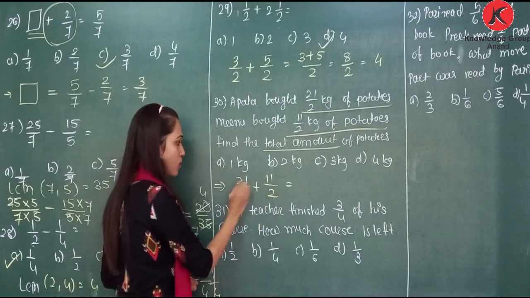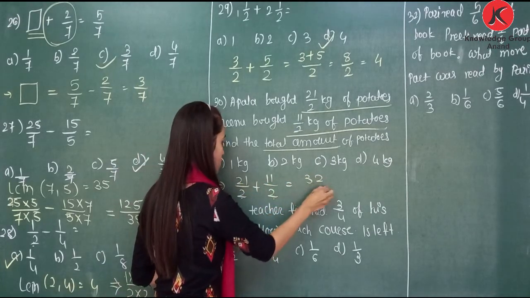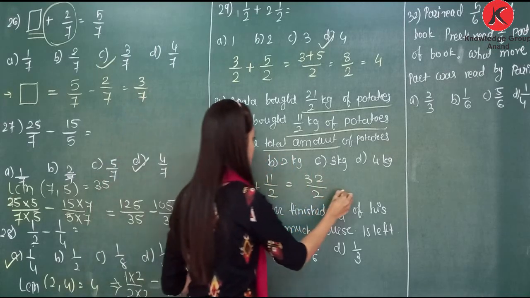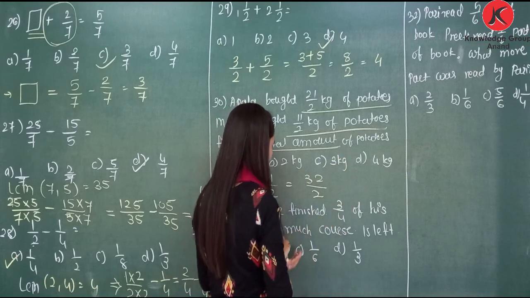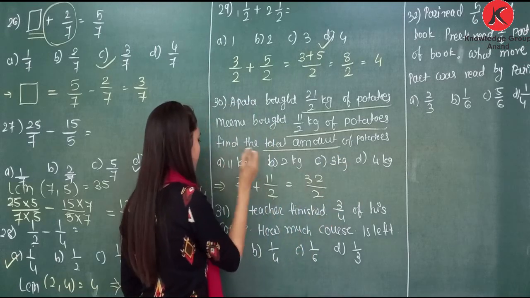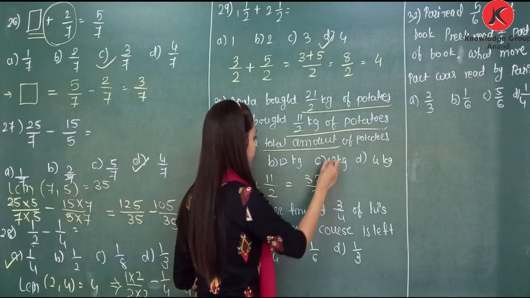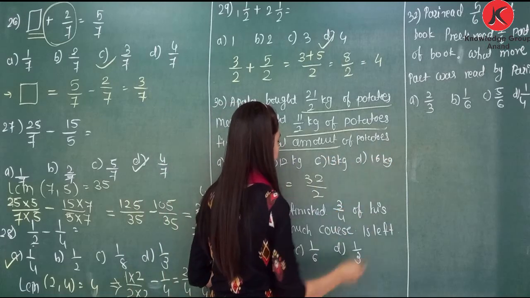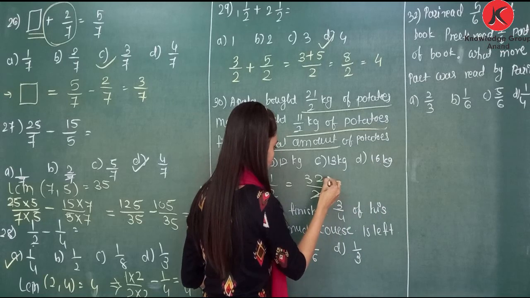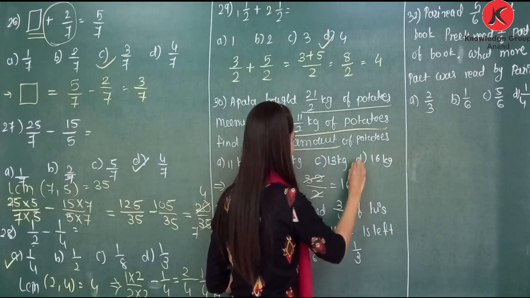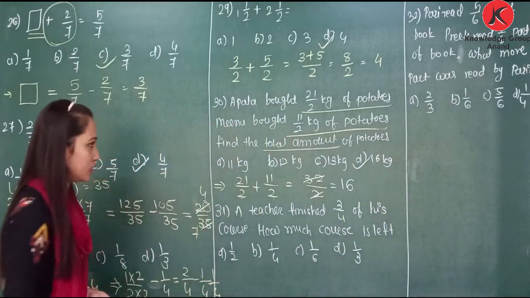The denominator is the same, so add the numerators. 32 by 2. Again that is changed in the MCQ option. So it is option D.